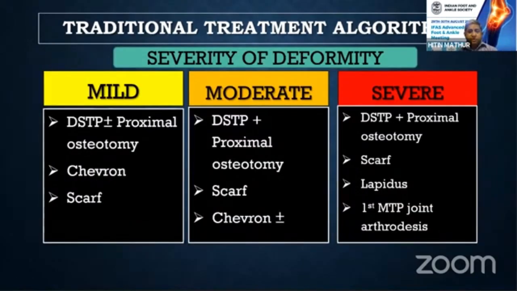Similarly, if the deformity is mild, you would probably err on the side of a distal osteotomy with or without a distal soft tissue procedure, depending on the congruency of the first MTPJ. If the deformity is moderate or severe, you would offer a proximal osteotomy, and you may offer a Lapidus or a first MTPJ arthrodesis, depending on the arthritis or the state of those joints.